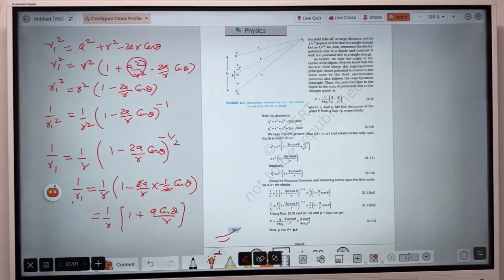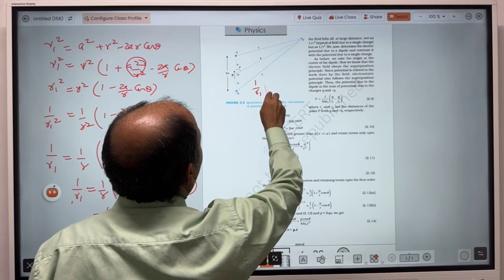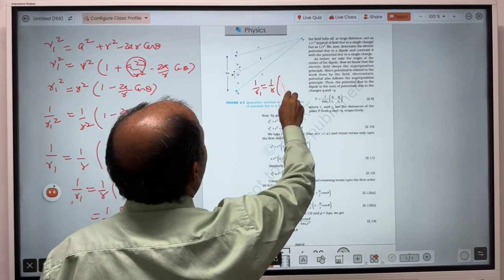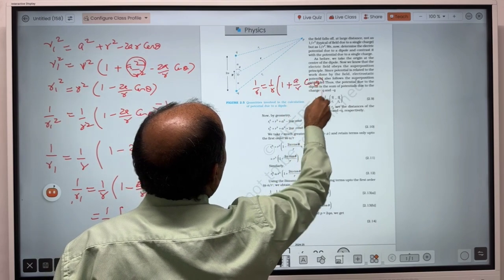So we are left with 1 upon r1 equal to 1 upon r into 1 plus a cos theta upon r. So one expression we have got: 1 upon r1 equal to 1 upon r times 1 plus a upon r cos theta.